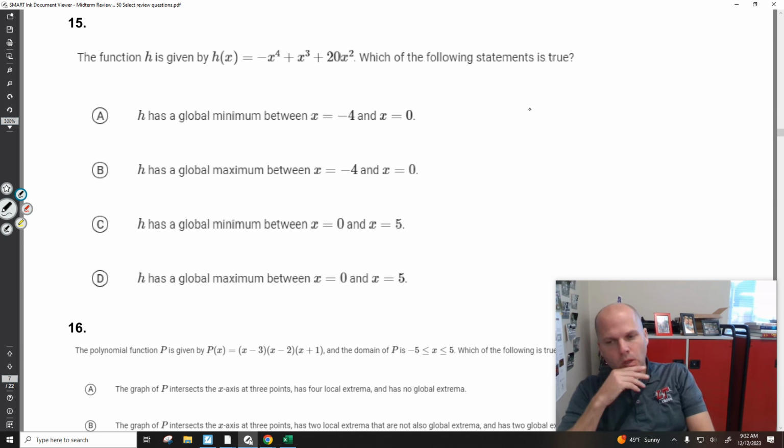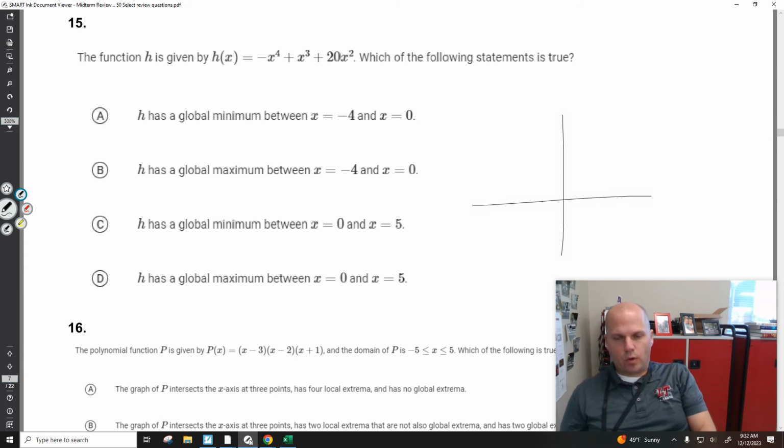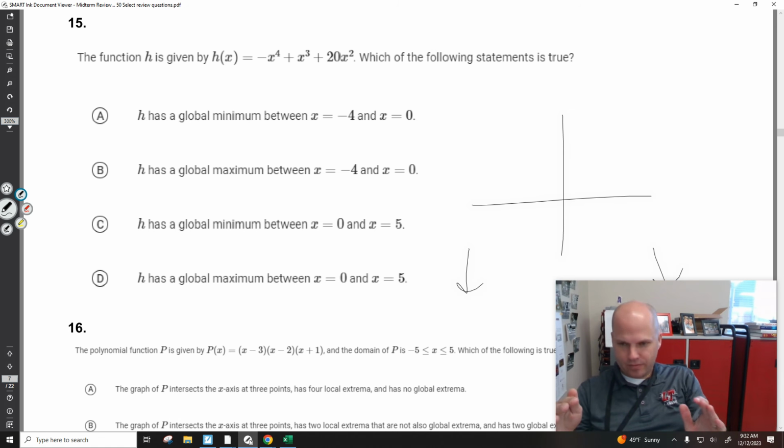Okay. We have a negative x to the fourth. We have to have a maximum. There has to be some point where there's a max. Now let's see.